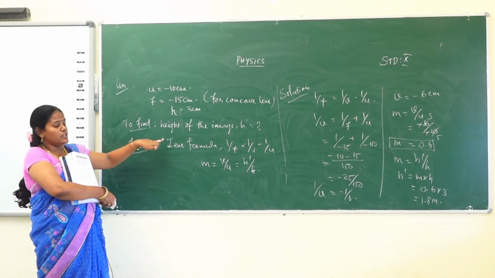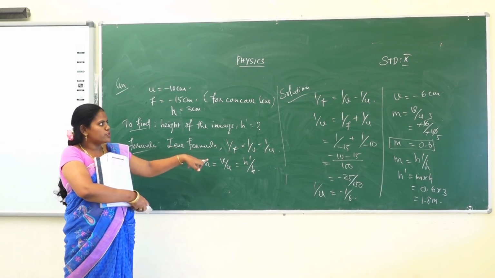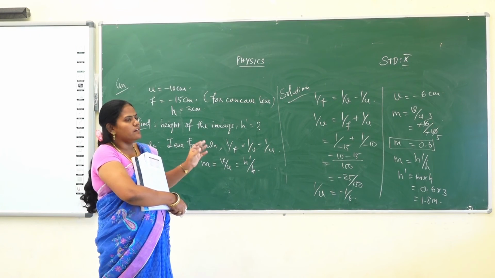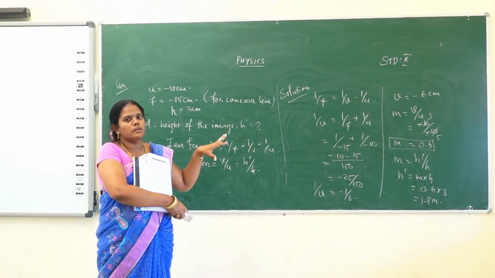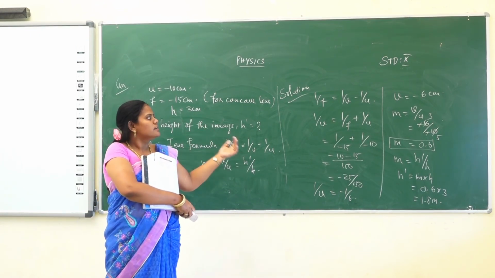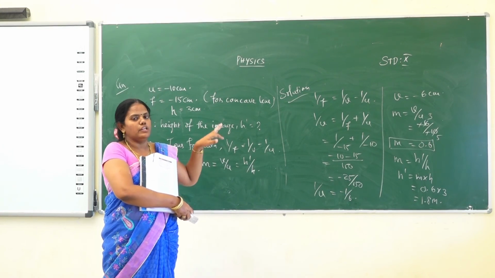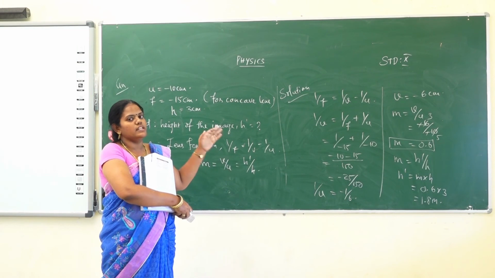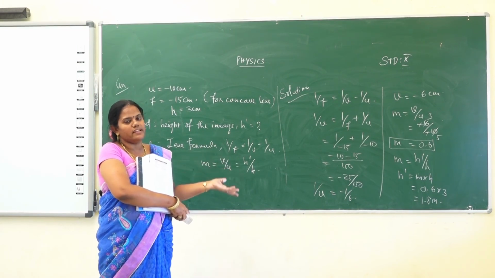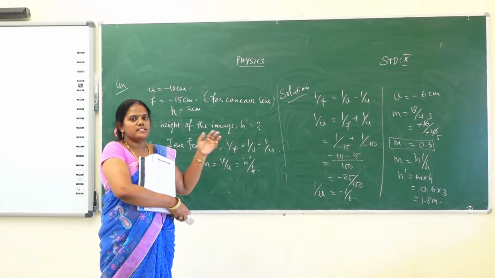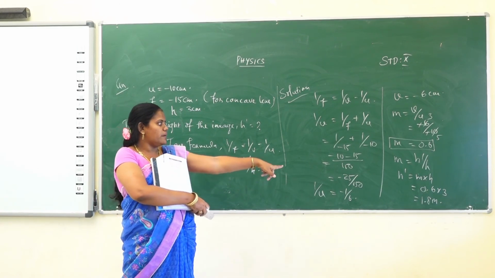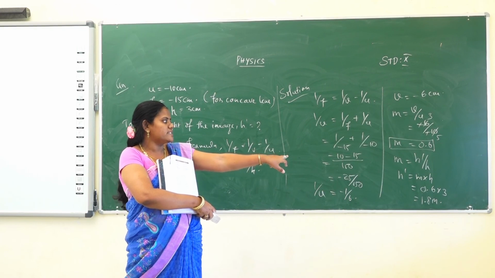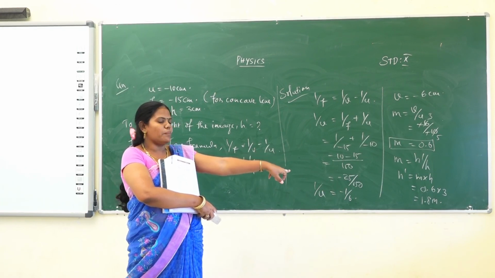By using the lens formula we calculate the v value, which decides where the image lies. Then using the v and u values we find the magnification, and using the magnification we calculate the size of the image. So h dash is equal to magnification times the size of the object, that is 0.6 into 3, that is 1.8 centimeter.